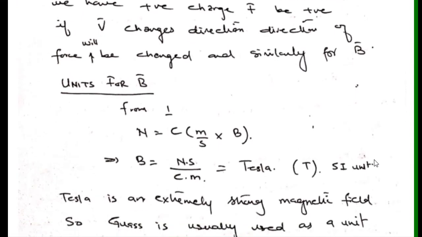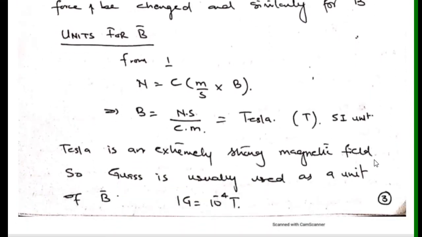The unit for magnetic field can be calculated by using equation 1, that is F is equal to Q into V cross B. For force we have Newton, for charge we have Coulomb, for velocity meters per second, and I want to find the unit for B. So rearranging the equation, I can write B is equal to Newton second divided by Coulomb meter, which is Tesla.